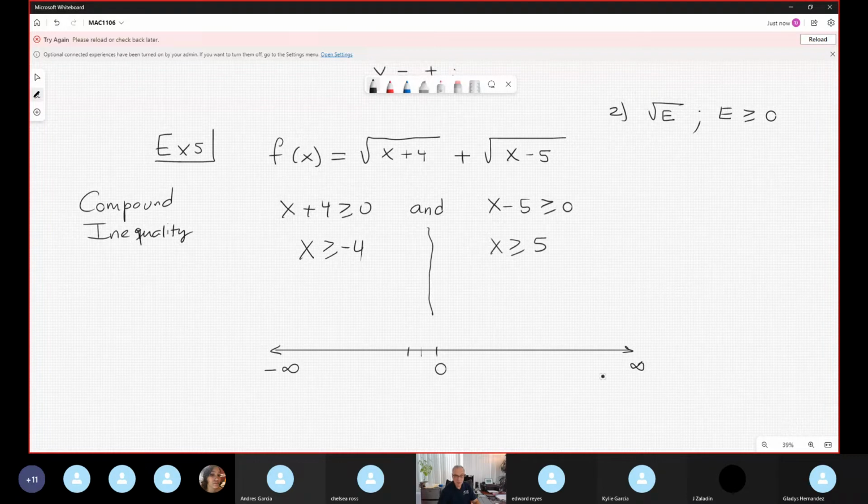We have 1, 2, 3, negative 4 here, and 1, 2, 3, 4, and 5 here. Let's do this part first. This part is from negative 4, to the right, in that direction, because greater than is to the right. Include negative 4, yes. Bracket.